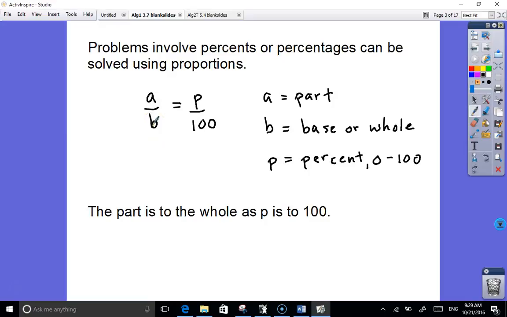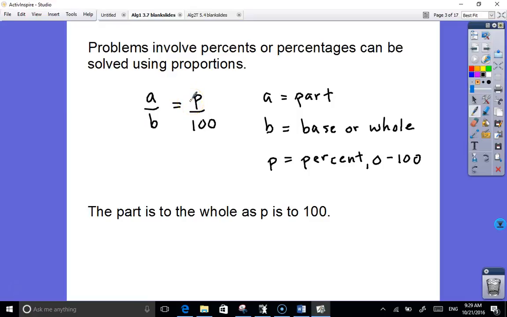P is the percent, and it's between 0 and 100. Well, actually percents are not only between 0 and 100, but we're not talking about decimals at this point. We're talking about whole numbers. So you would say the part A is to the whole as the percent is to 100.